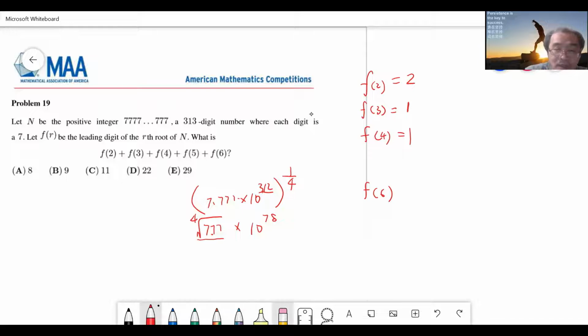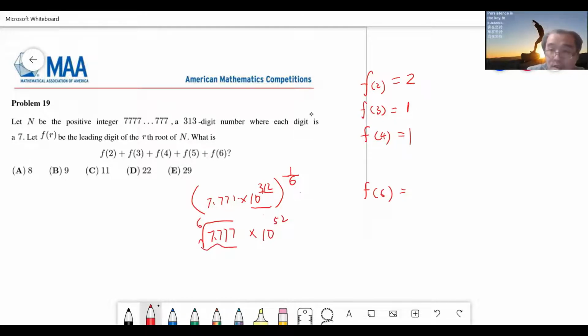So if we look at the 6th root, so F6, right? Remember this 312 is divided by 6. So that basically is the 6th root of 7.777 times 10 to the power of 52, right?